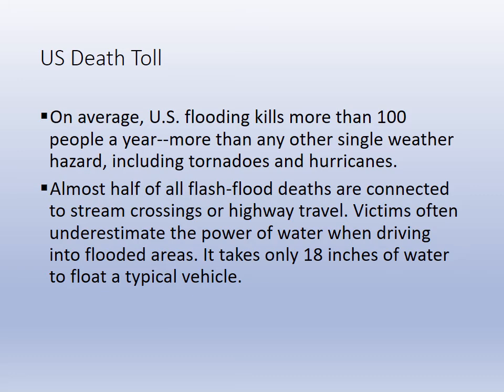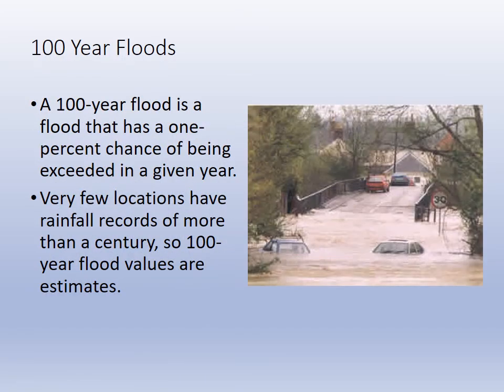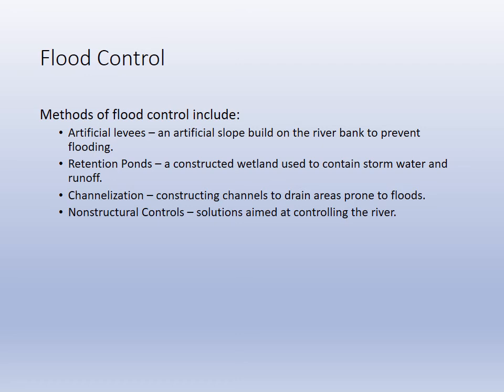That can be greater when we are hit by 4 or 5 hurricanes in a season, but on average. 18 inches of water is all it takes to move a typical vehicle, you know, a lowrider. 100-year floods are what insurance companies use to estimate your flood insurance values. Now, things that we can do to control floods: obviously levees, artificial and natural, retention ponds, channelization, and other solutions aimed at controlling your river.